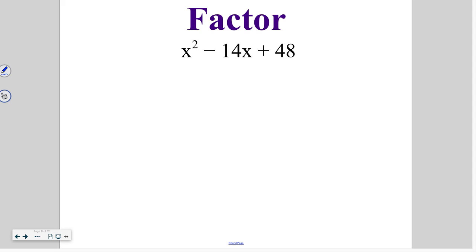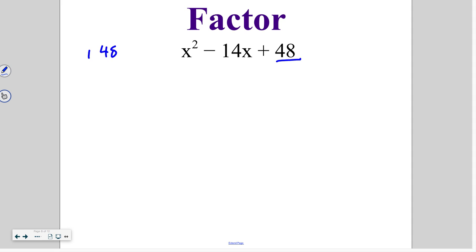Moving on to another type of trinomial. Again, you want to start by seeing if they are perfect squares. You can take the square root of x squared, but not 48. Next, you're going to want to take a look and see if there is a GCF. 1, negative 14, and 48 cannot all be divided by the same thing. So since we have a leading coefficient of 1, we're going to go ahead and just look at the factors of the back number.